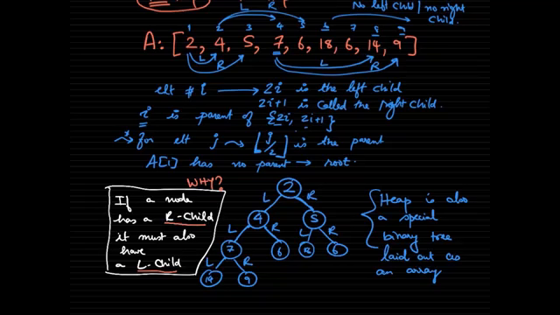So if you paused the video and thought about it, hopefully, if not, take a few seconds. Here is a hint. Think of any node as basically also existing in the array. A heap is just an array. The tree is just a way of visualizing the heap. So if you have a node, this node must be at a position i, or A of i. If it has a right child, then 2i plus 1 is a valid location in the array.